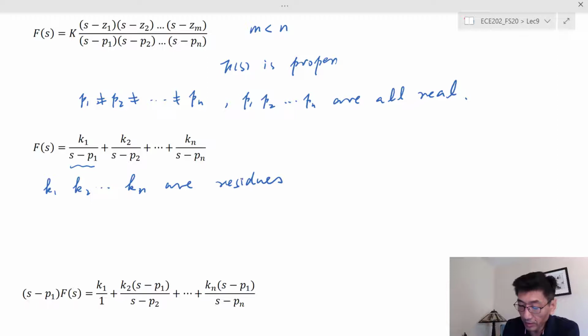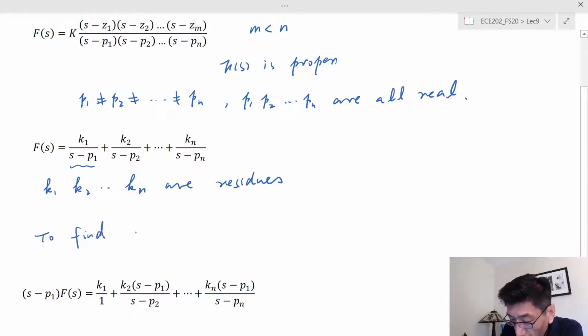And the way we do the partial fraction expansion is to use the so-called cover-up method to find K1, K2, up to K sub n.